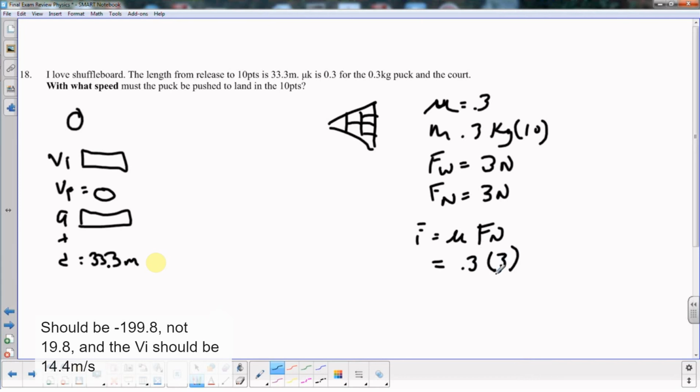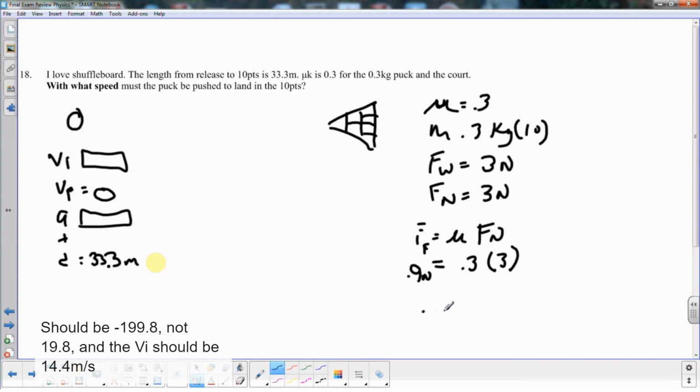0.3 times 3 is 0.9. So the force of friction is 0.9 newtons.